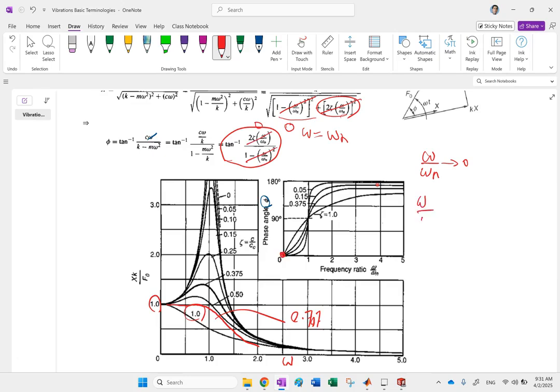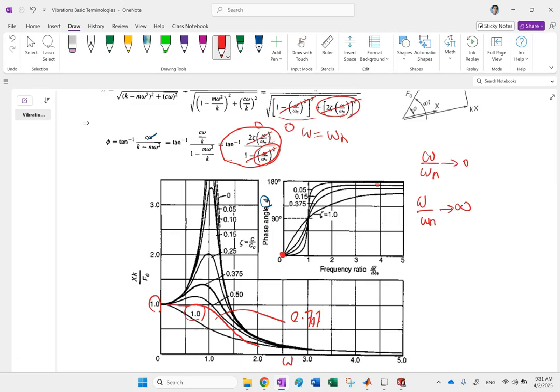And when omega over omega n goes to infinity, you're having very, very large excitation frequencies. Well, since the denominator is order 2, numerator is order 1, so again, the whole ratio is going to go to 0, except with one difference. What is the difference?